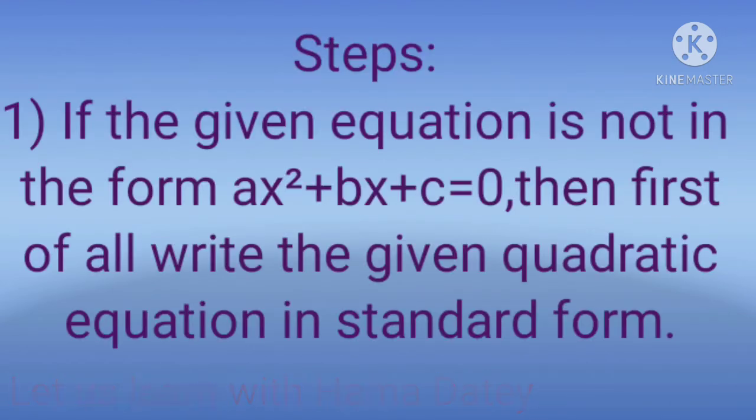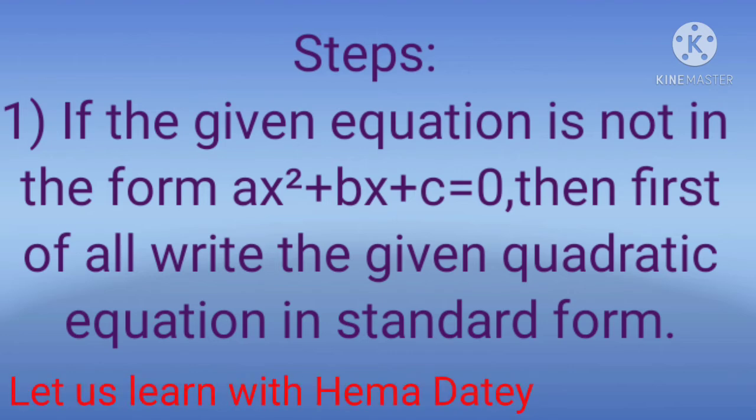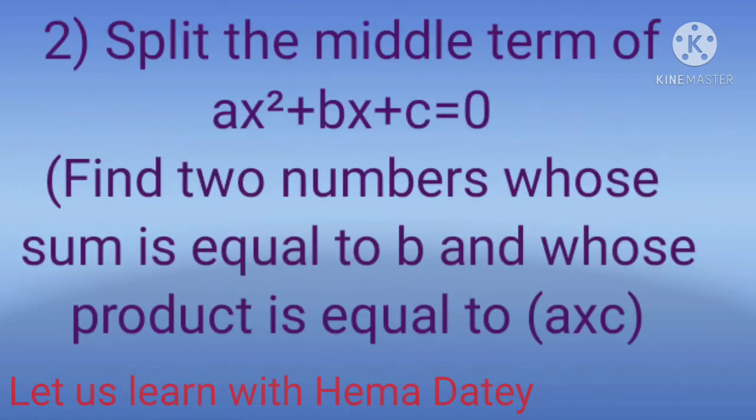Let's see the procedure. Step 1. If the given equation is not in the form ax square plus bx plus c is equal to 0, then first of all, write the given quadratic equation in standard form. Step 2.